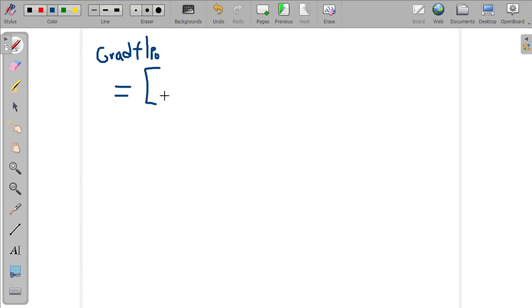We open a square bracket and a bracket here, and we write 12 into (2) squared, multiplied by 1, then minus, multiplied by 1, then multiplied by negative 1.